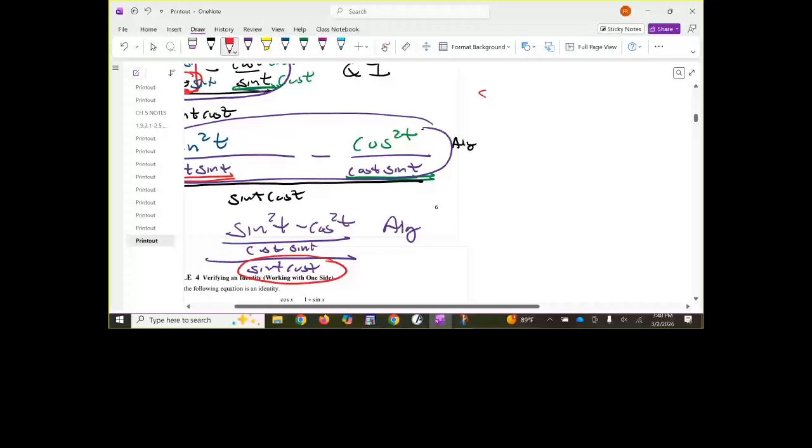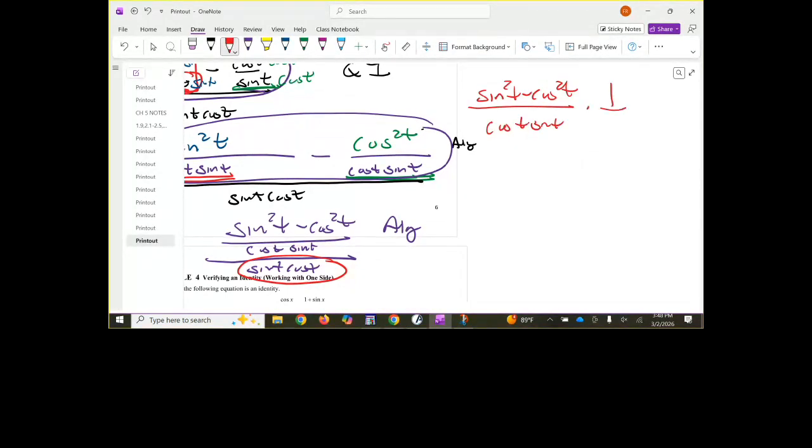We've got sine squared t minus cosine squared t over cosine t sine t, times 1 over sine t cosine t. Again, that's just a reciprocal. Now I'm going to multiply, y'all.